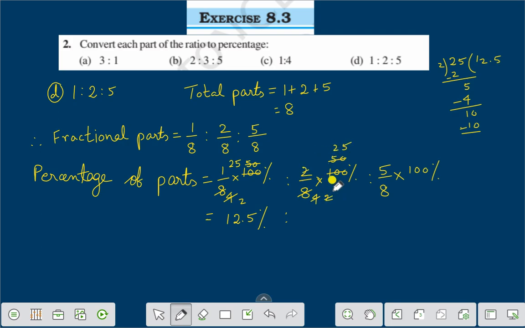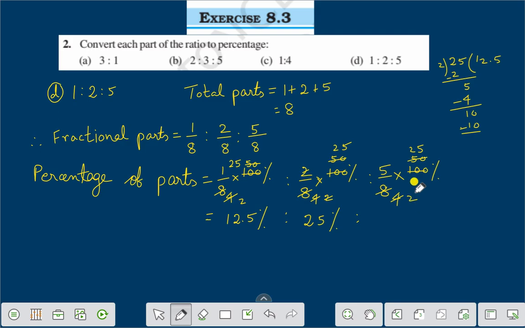And this 2 will cut. Therefore, you are getting 25%. This is 25%. Is to 5 by 8 into 100. It is divided by 2. That 2 4s are 8. 2 5s are 10. 0. 2 2s are 4. 2 25s.